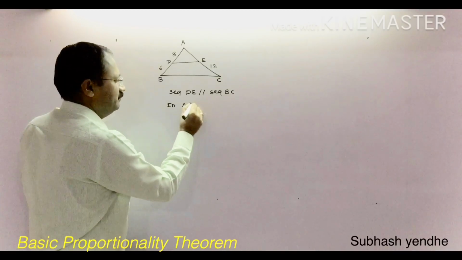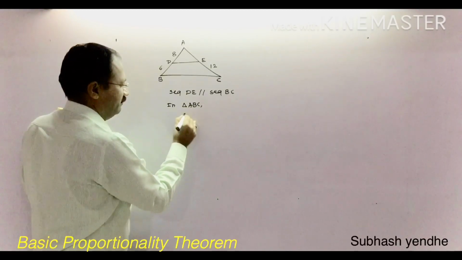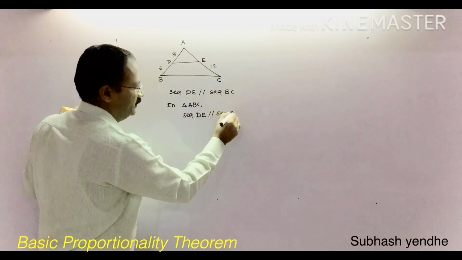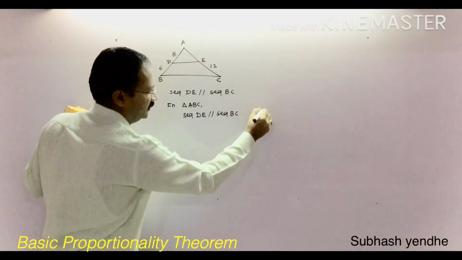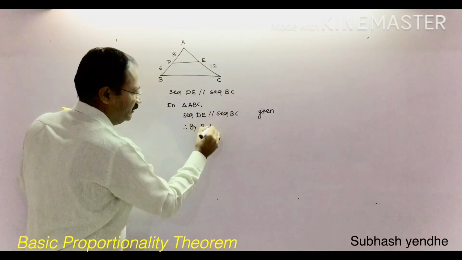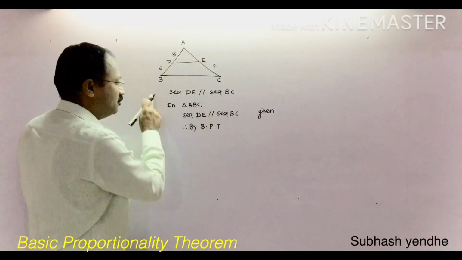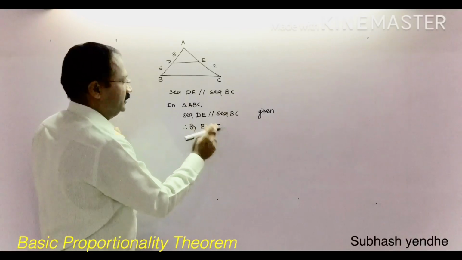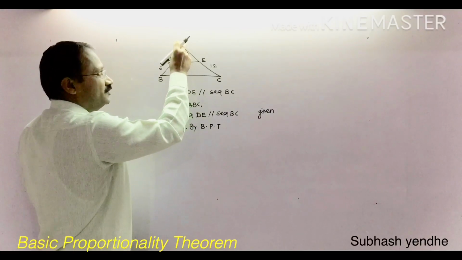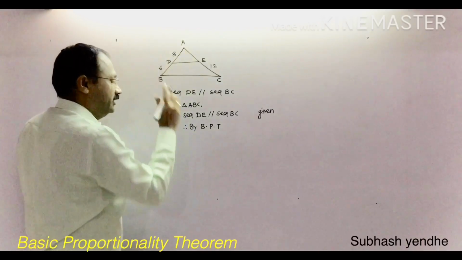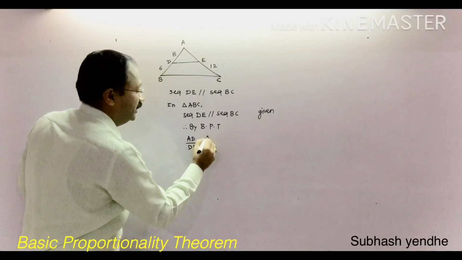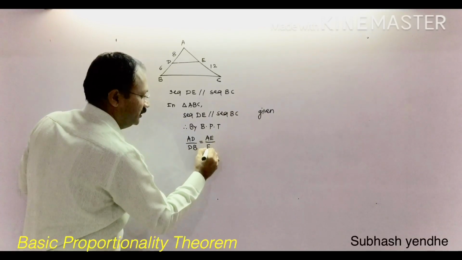I know the trick. The line is parallel, therefore I am going to use the basic proportionality theorem, called BPT. So first you have to write it. In triangle ABC, segment DE is parallel to segment BC because it is given. Therefore, by BPT, from the vertex you have to start it: AD upon DB equals AE upon EC.